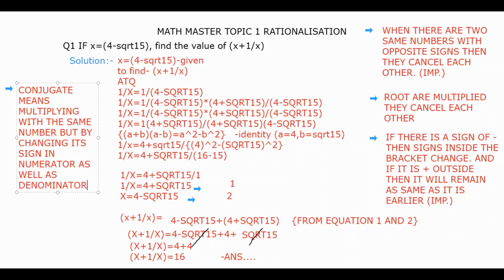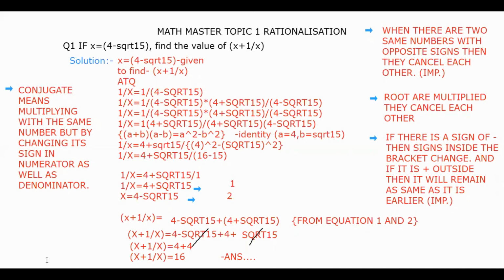I hope that you know what numerator and denominator are. The numerator is the thing written above the fraction, and the denominator is the thing written below the fraction. Okay. So we have to multiply with its conjugate in its numerator as well as in the denominator.